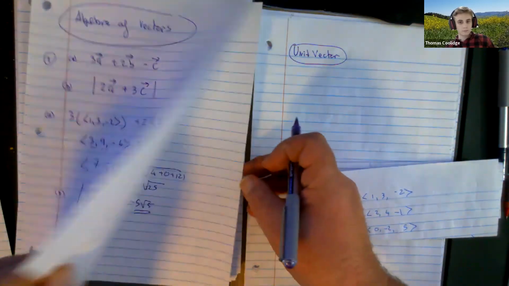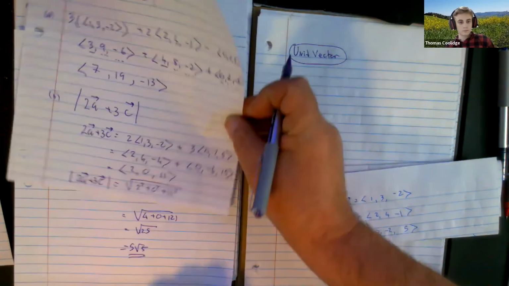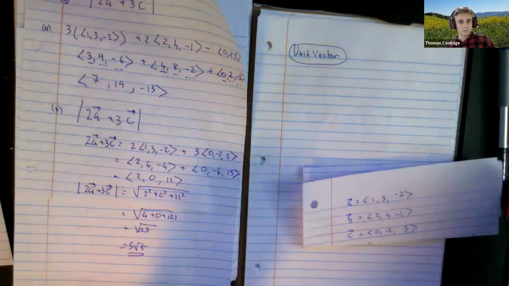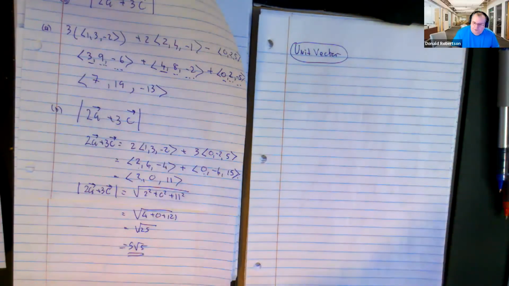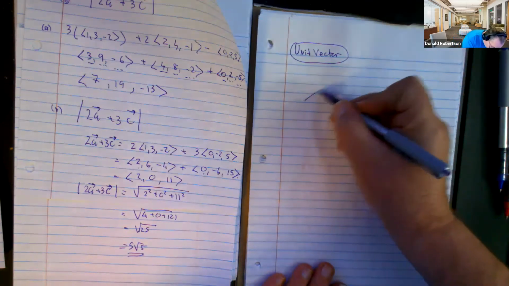So next thing we're going to look at is a vector called the unit vector. With the exception of the 0 vector, you can get a unit vector. Let's show you what it looks like.